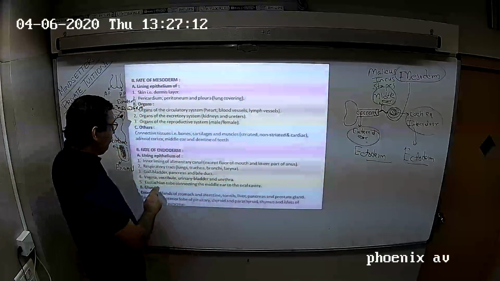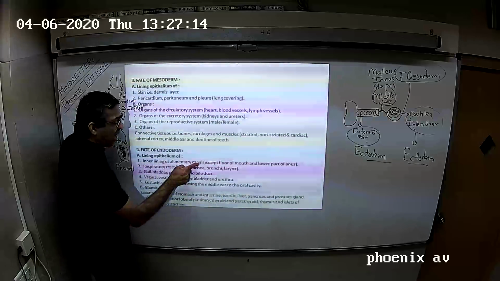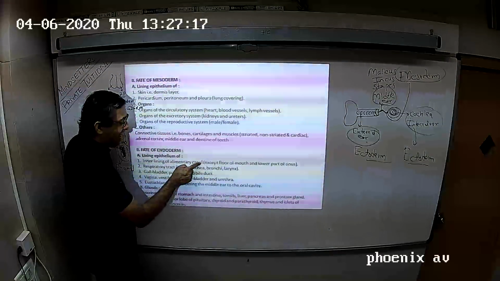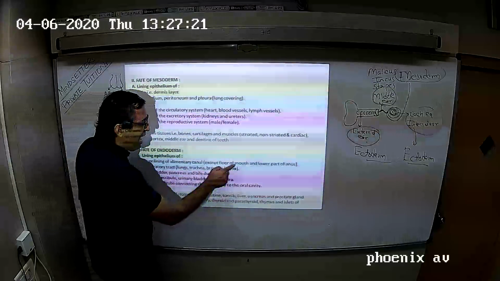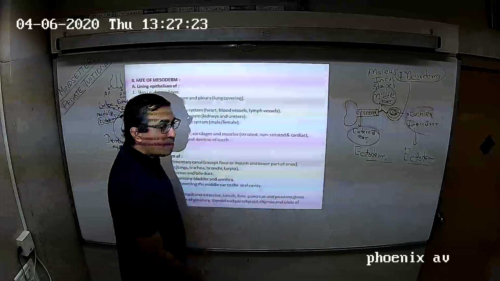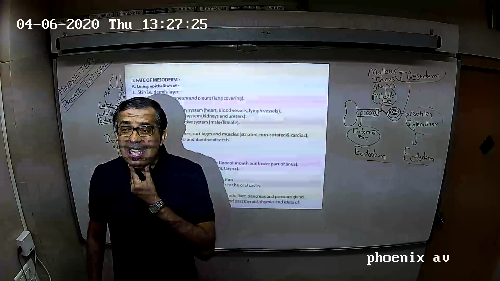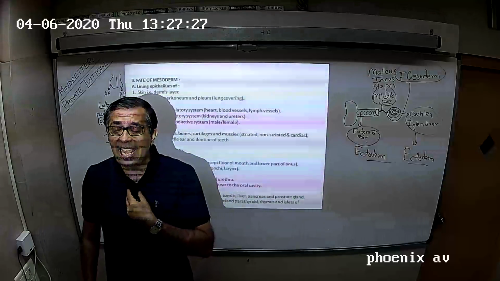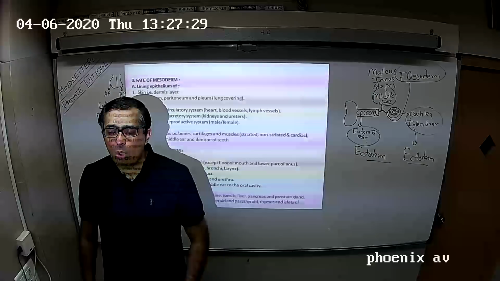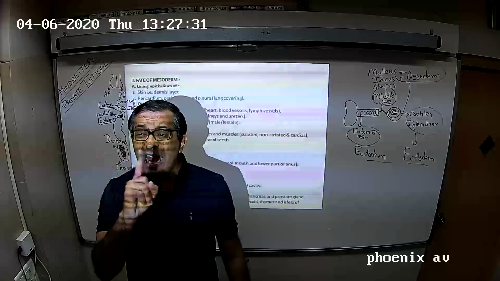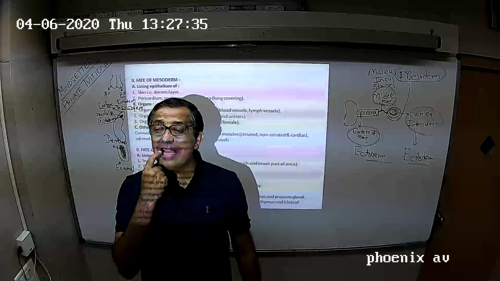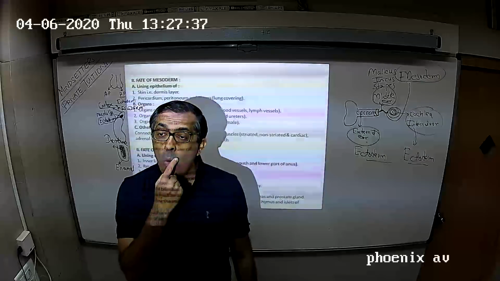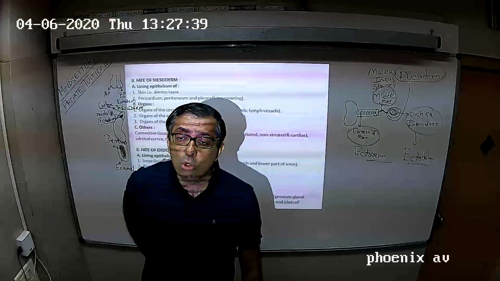Endoderm to start with forms the inner lining of the alimentary canal. Endoderm forms the inner lining of the alimentary canal except the floor of the mouth and lower part of the anus. The entire pharynx, larynx, esophagus, stomach, small intestine, large intestine, internal lining is made up of endoderm except the stomodium and proctodium.